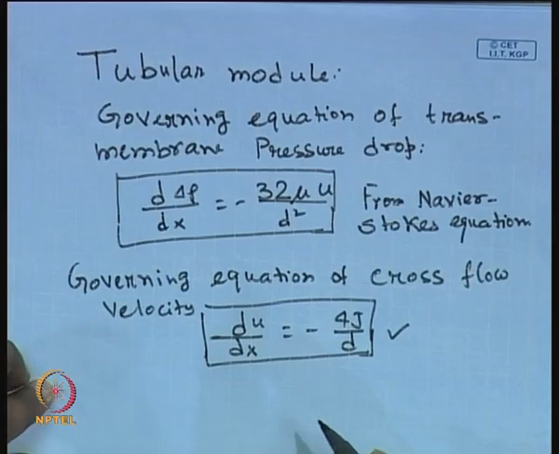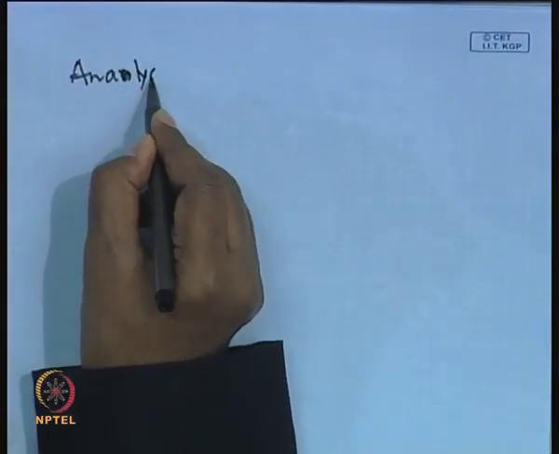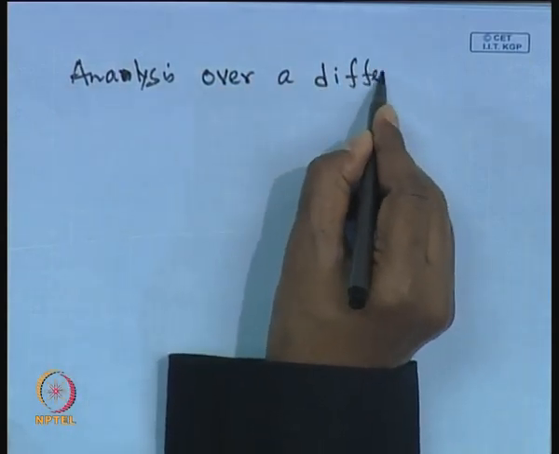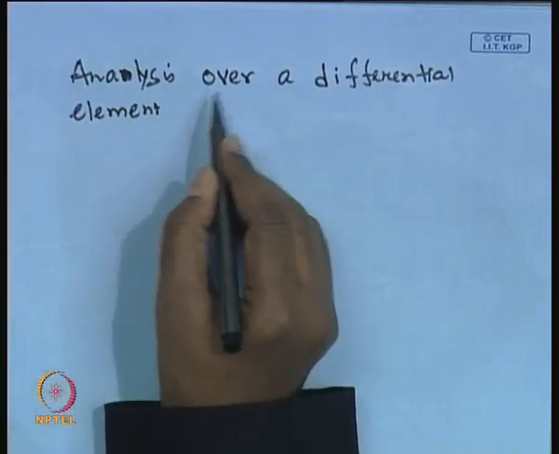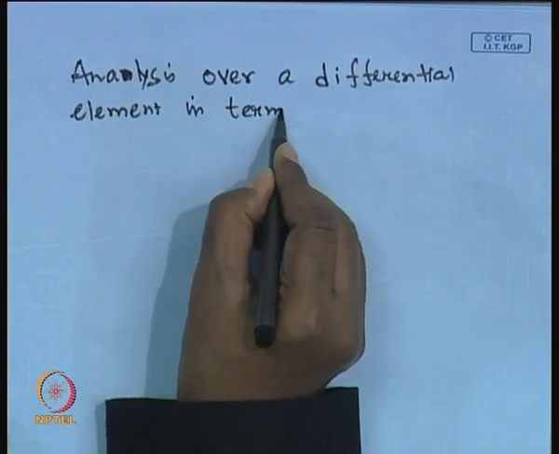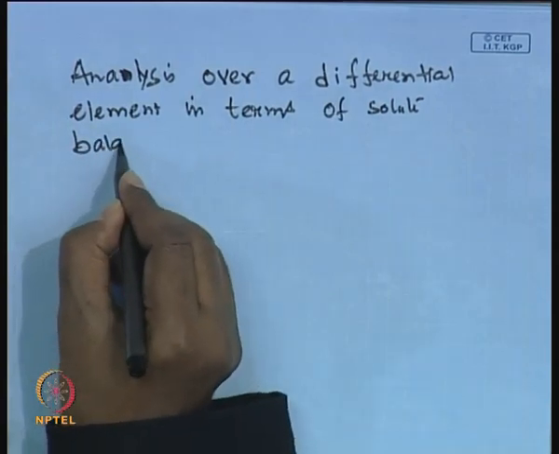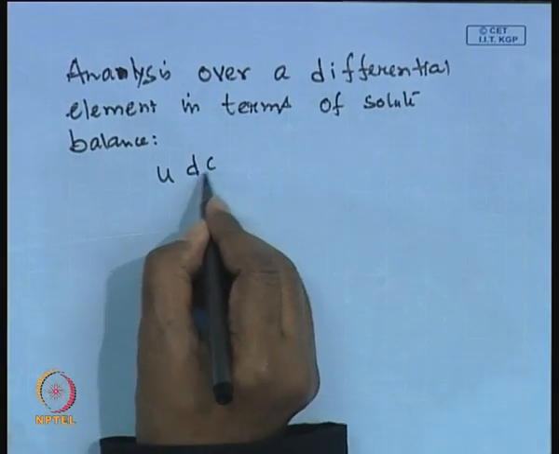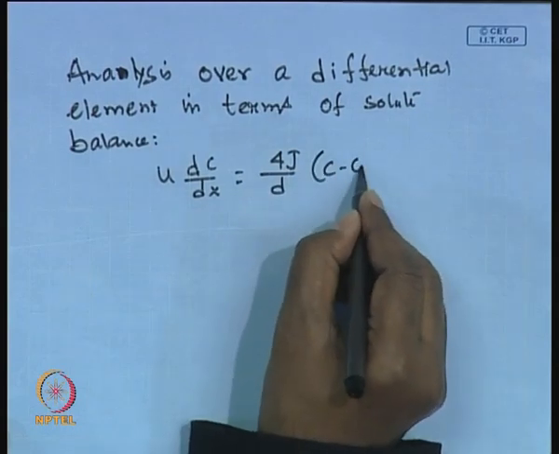And if you carry out a differential analysis over a differential element in terms of solute balance, you will get the concentration balance equation, and that will become u del c del x is equal to 4 j by d times c minus C p.